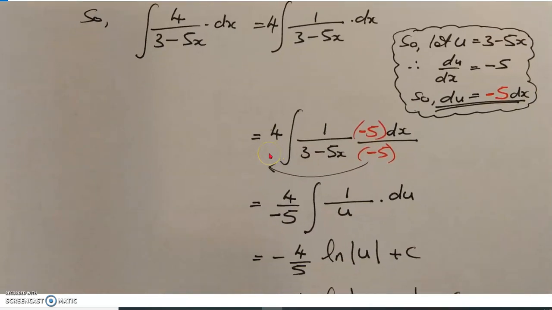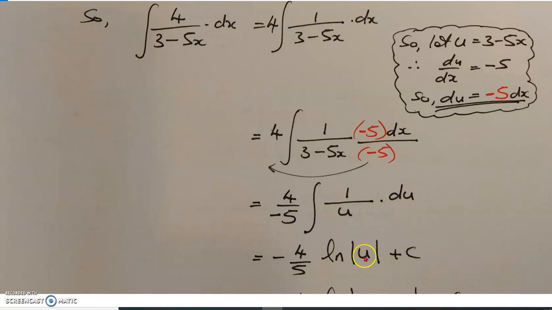But this minus 5 can now be brought forward underneath the 4. Okay? And because minus 5 dx is really du, I can now integrate with respect to the variable u, du. The 3 minus 5x I said was u, so you replace it there. There's the u, replacing the 3 minus 5x. Now, of course, this is super easy.